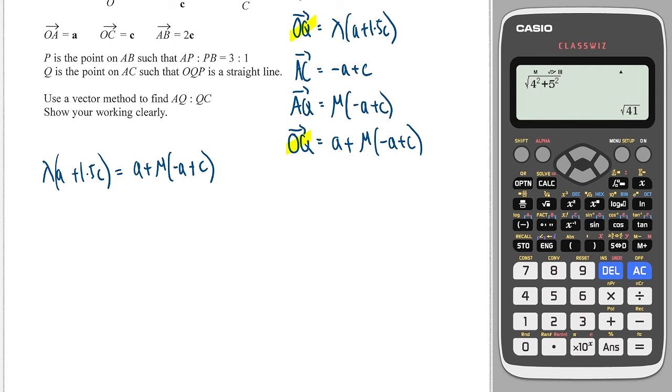And then we can look at the a's first, and we've got lambda a on that side, and on this side we're going to have 1 and a minus mu. So we'll have 1 minus mu lots of a. And then we can look at the c's. Over here we're going to have 1.5 lambda c, and when we expand this one, we're just going to get mu c.